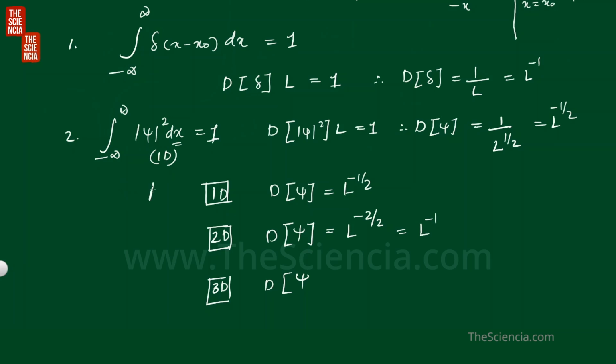When integrating, we have to take dx, dy, dz, and the dimension of each is L, so L into L into L. We get L raised to minus 3 by 2. So these are the dimensions of the wave function in the 1D, 2D and 3D cases.